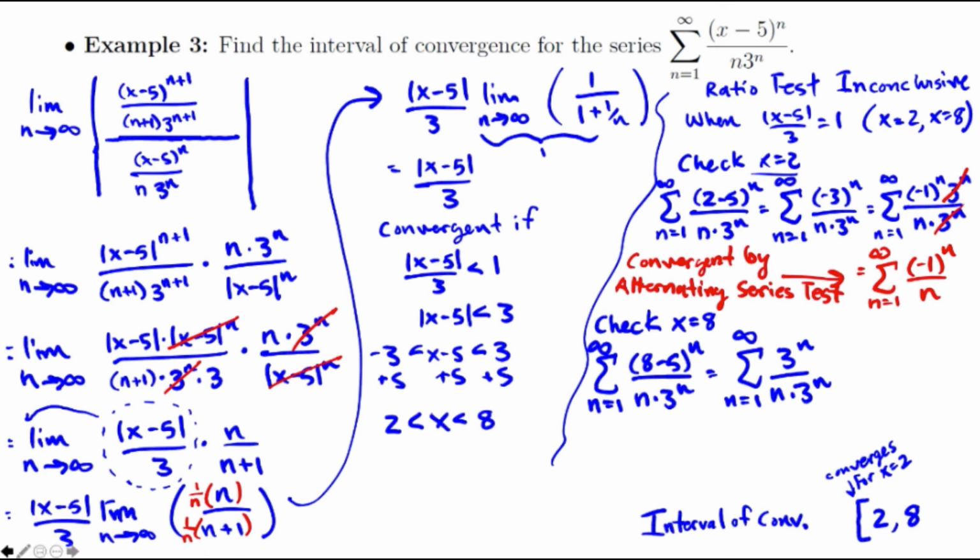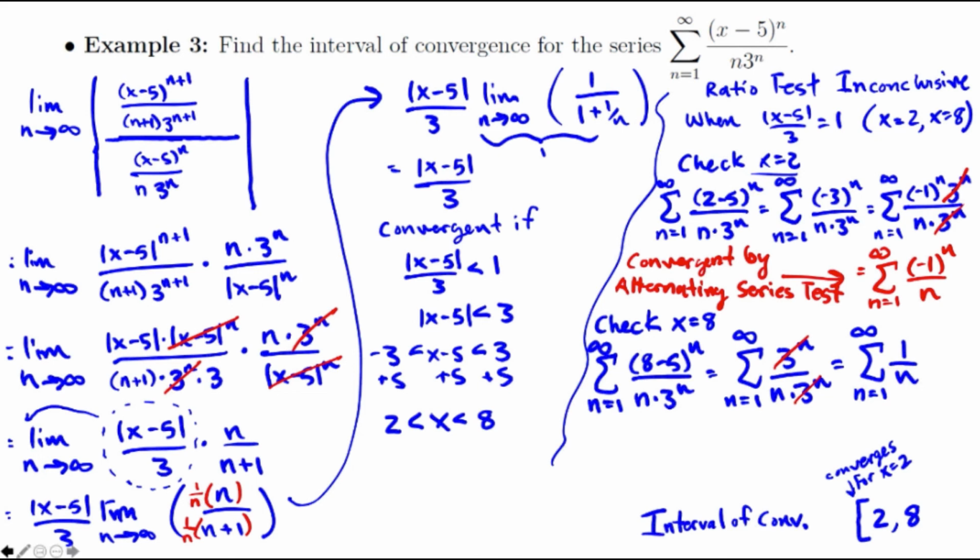And then if those 3 to the n's cancel out like we know they do, then we're left with what should look very familiar, right? This is our classic series where the terms get smaller, but it diverges, right? Because it's a p series with p equal to 1.